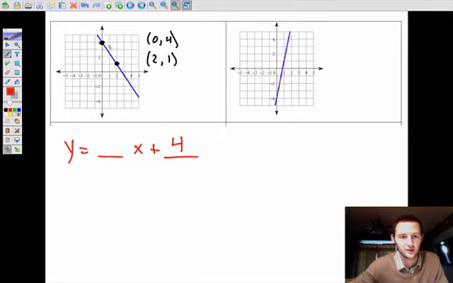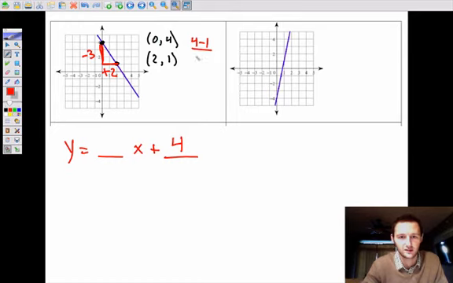To find the slope here, if I draw lines between these 2 points, I see that I'm going down 1, 2, 3 on the y, and that matches up here with 4 minus 1. And over here on the x side of things, I'm going plus 2. And that matches up here.